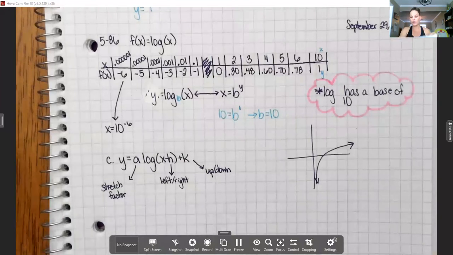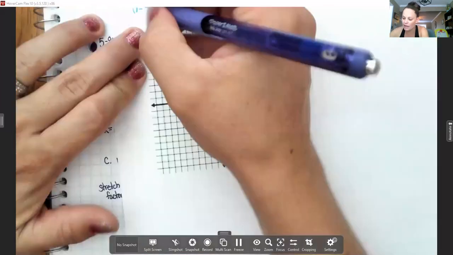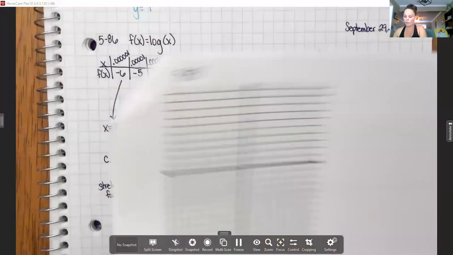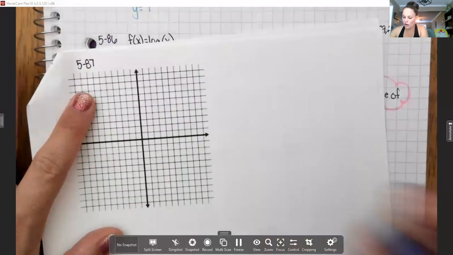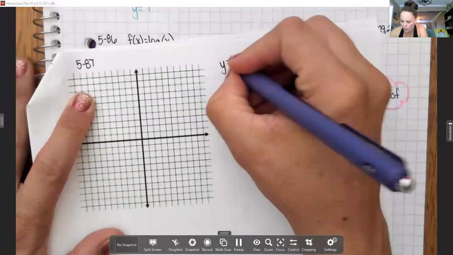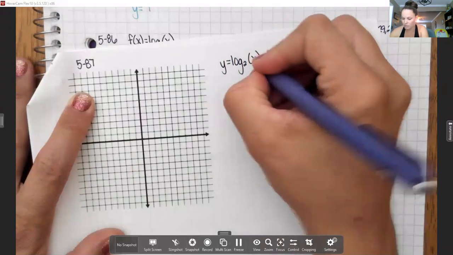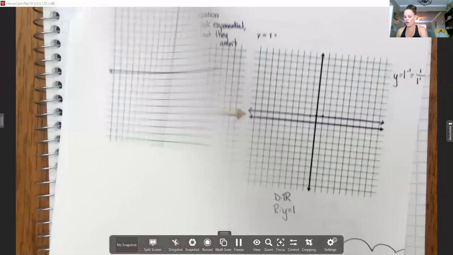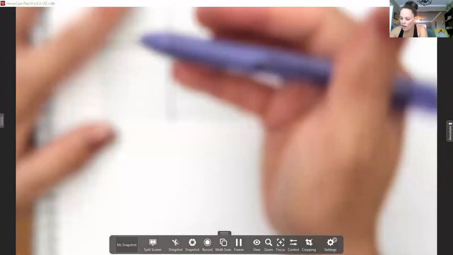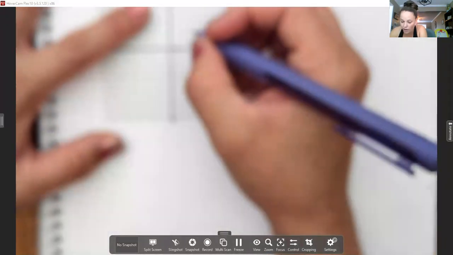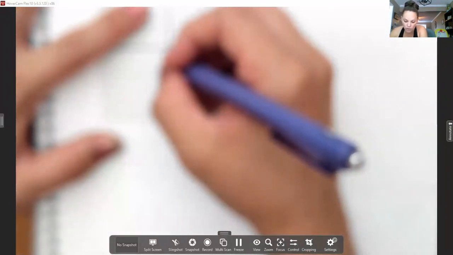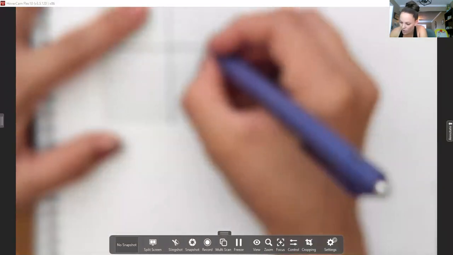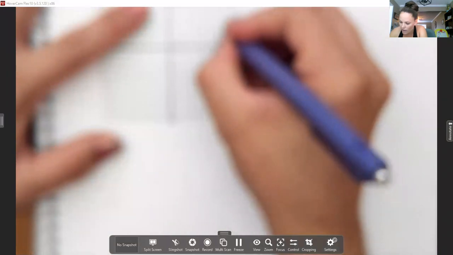And then this last one here that we're going to do for problem 87, I'm just going to use an example. So I'm going to graph y equals log base 2 of x. We already did this, and you can flip it over the page if you need to. It goes through 1, 0, and then 2, 1, 4, 2, and 8, 3.